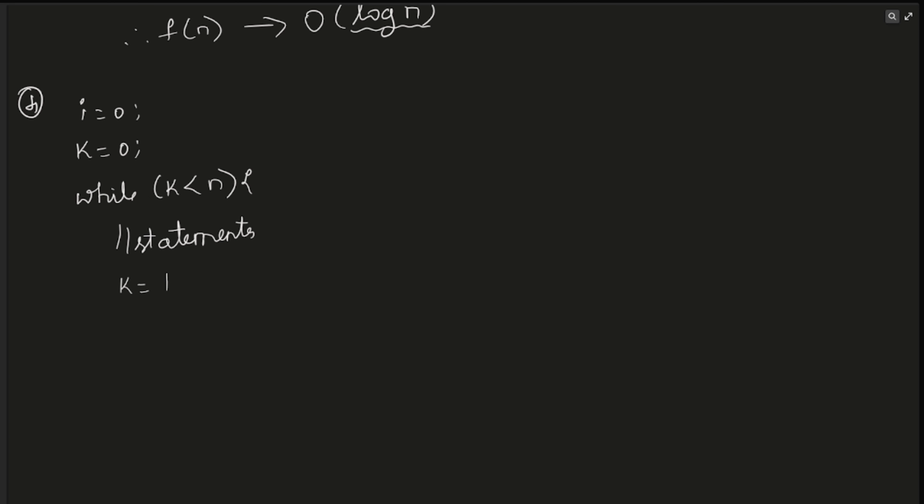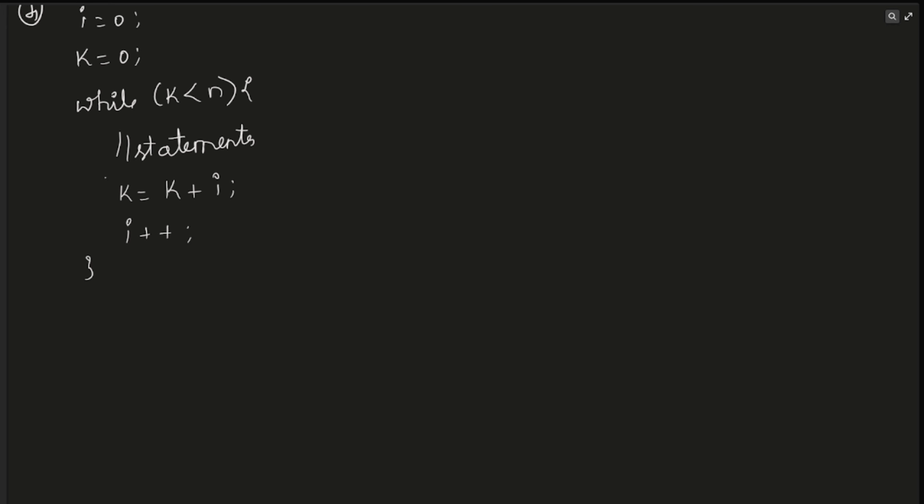Update k by adding i to current k. Update i value after each iteration. We have covered these kinds of update statements in our for loop. Nothing is new in this video if you have watched my previous videos.